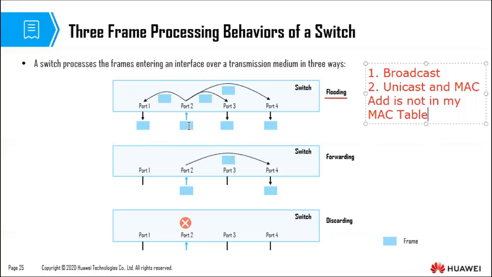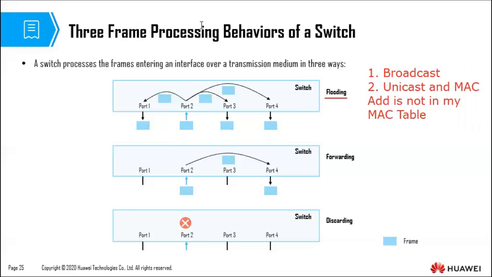I'll send it out through port 2, port 3, and port 4, all the other ports other than the port that received that frame. Number 2, if I receive a frame, check through my MAC address table and I don't find the destination MAC address in it, then I'll simply flood it out through all the other ports. So those are the 2 instances in which we do flooding.